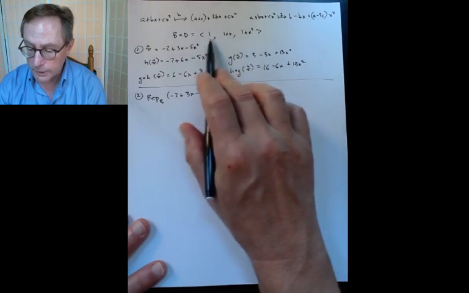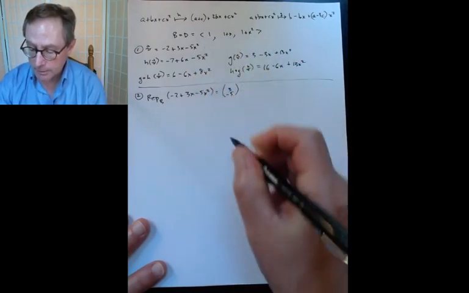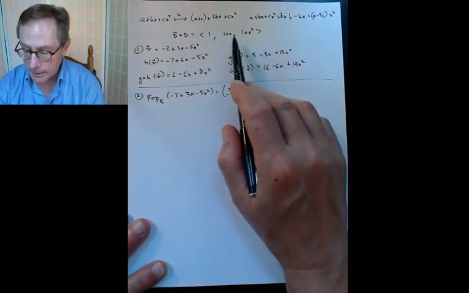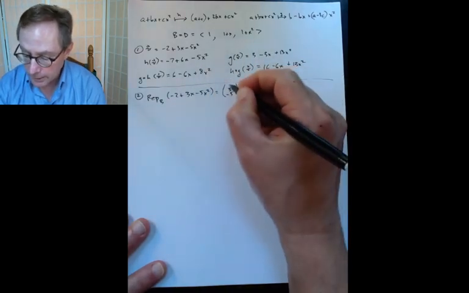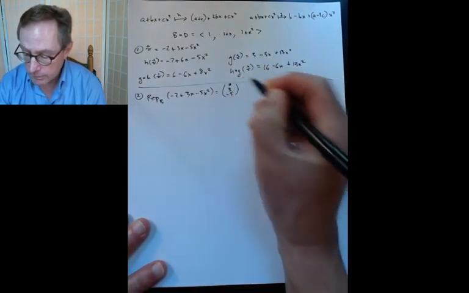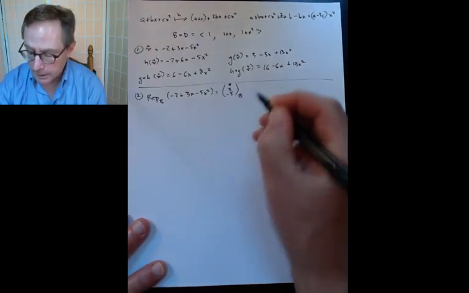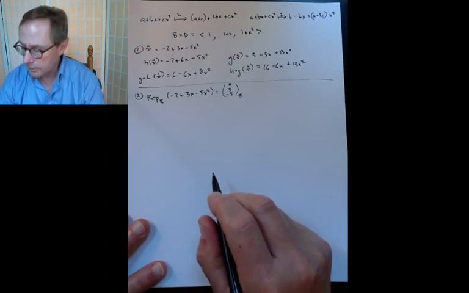Only one of these 3 basis elements has an x, so the representation must have a 3 here. And if I'm going to take minus 5 times that and plus 3 times that, then in order to get a minus 2, I guess I need a 0 there. Okay? And you can write a sub b there if you like, or you can leave it out, because there's no question here what the basis is.